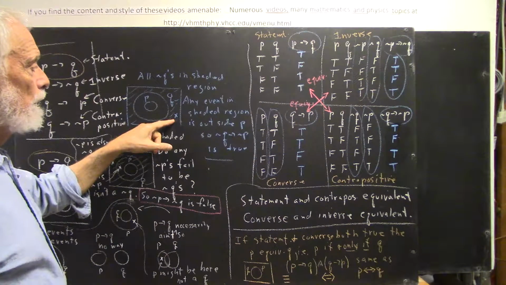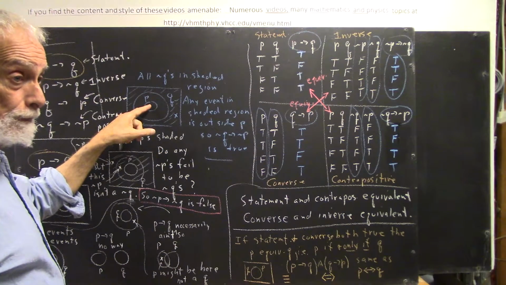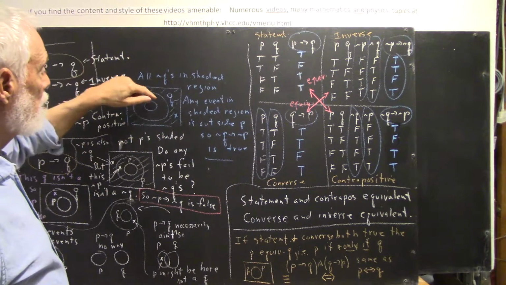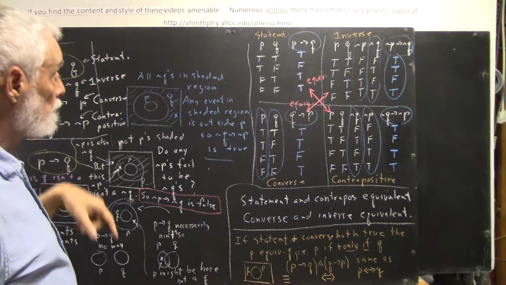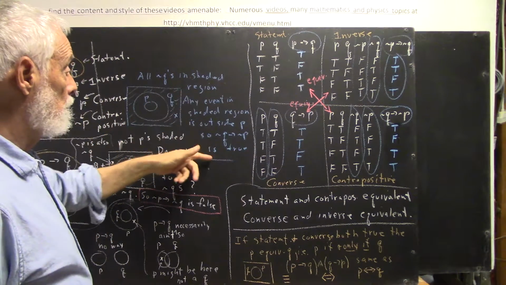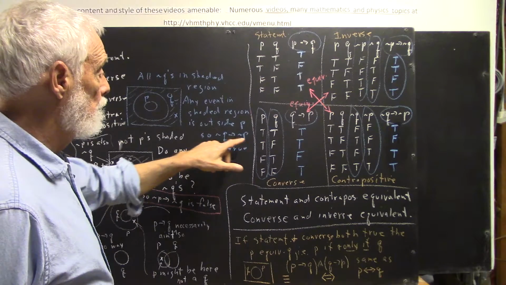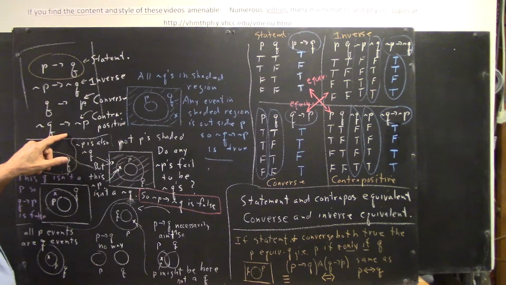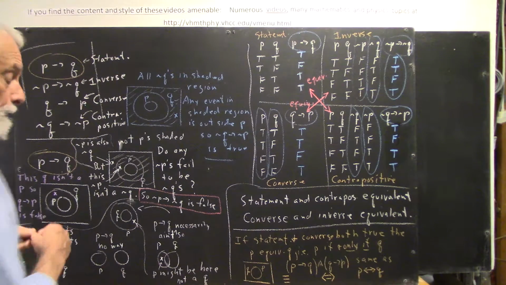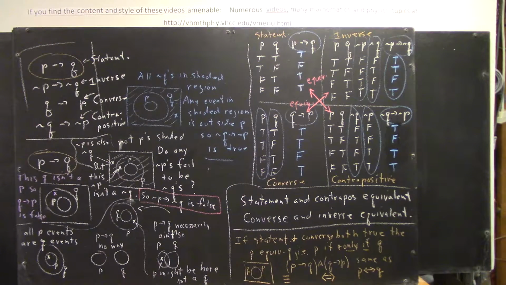It's very clear that this is also not a P, because the P events are inside the Q circle. So if it's not a Q, it can't be a P. So if not Q, then not P turns out to be true. So we can say that the statement and its contrapositive are in that sense equivalent. One is true whenever the other is true.